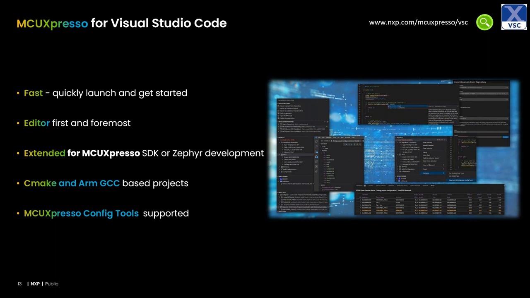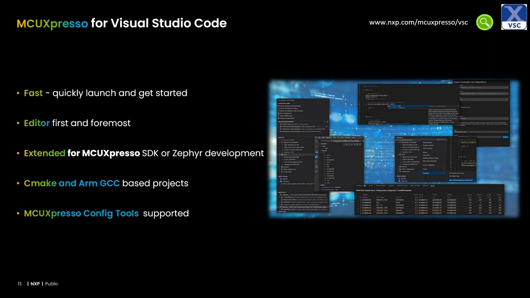The reason being, as it shows here, it was developed by Microsoft to be an editor first. And that really allows you as a software engineer or a development engineer to work on your programs and on your projects. And what we've done at NXP is we've extended it with an extension. So the MCUXpresso for VS Code extension provides all those embedded development tools and wizards that you come to expect from NXP.